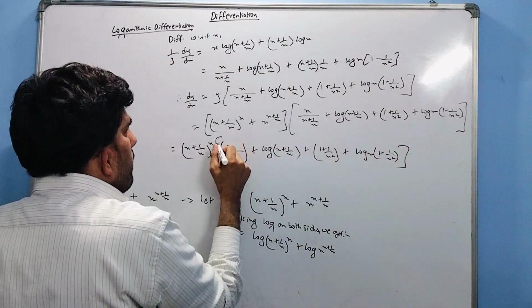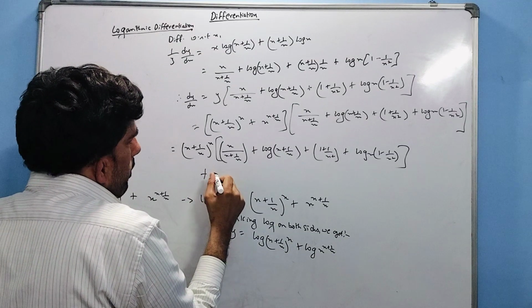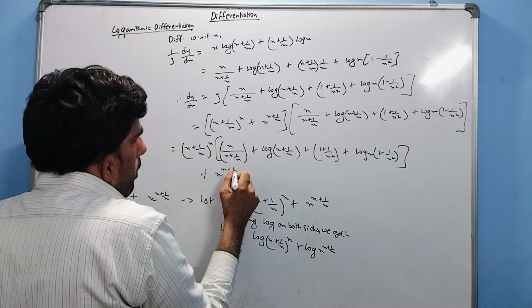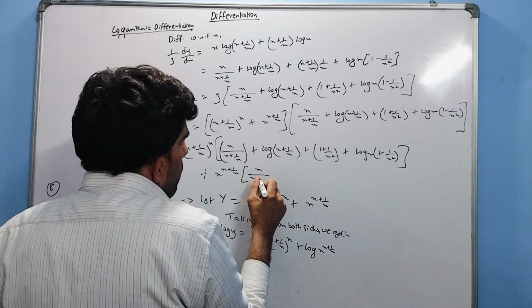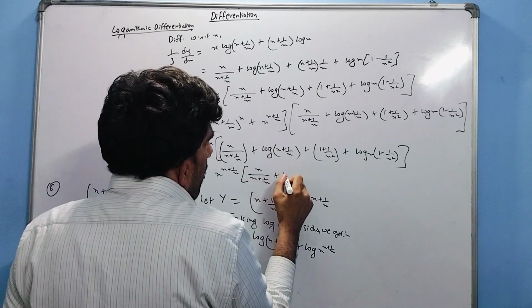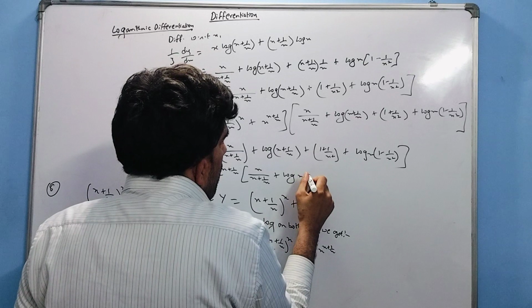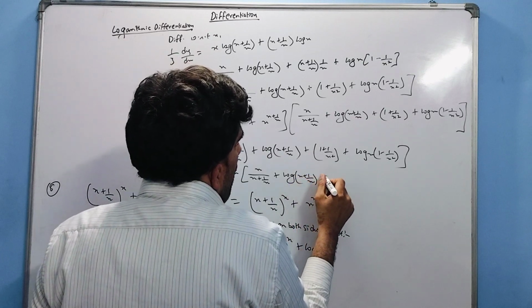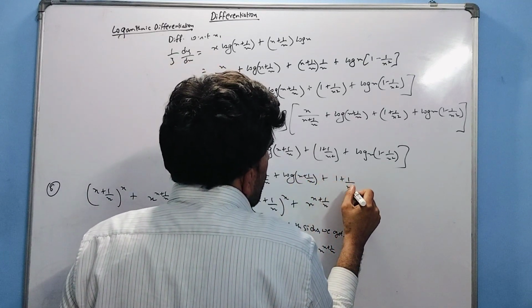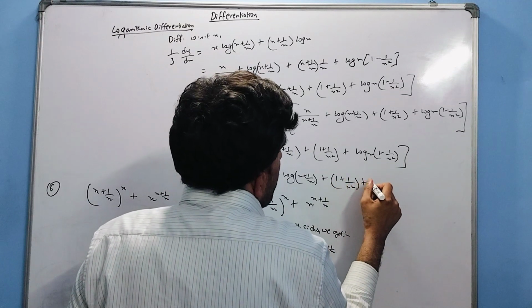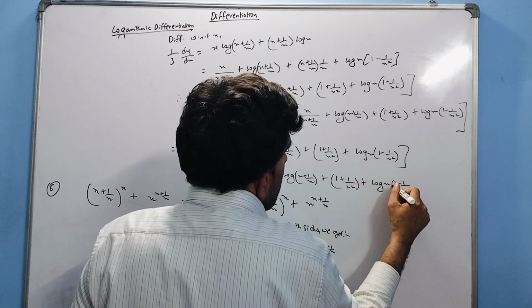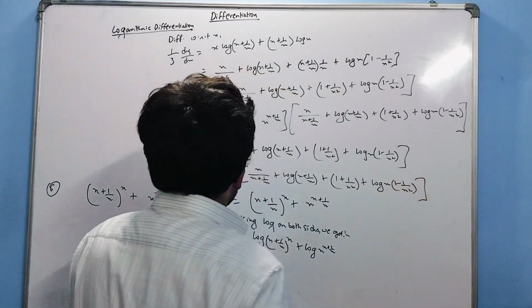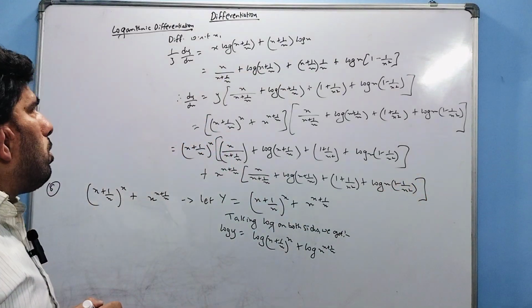So we have this. Now we can multiply inside 1x. We have x upon x plus 1 upon x plus log of x plus 1 upon x plus 1 plus 1 upon x square we have, plus we have log of x 1 minus 1 upon x square. So that is how we are able to differentiate.